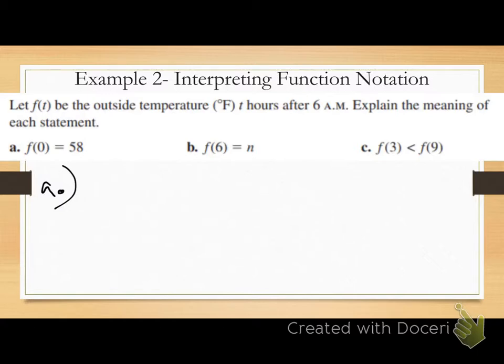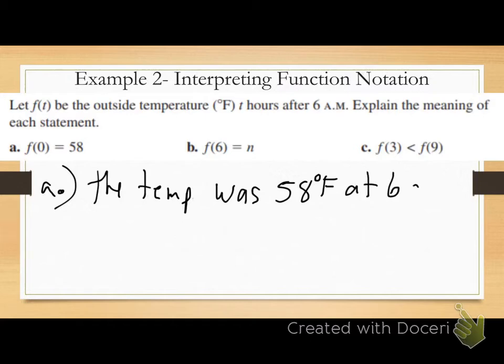So what do you think 0 means in this case? 0 hours after 6 a.m. So what time are they talking about? 6 a.m., right? 0 hours after 6 a.m. is 6 a.m. So what is this statement saying on letter A? At 6 a.m. it was 58 degrees. Very good. The temperature was 58 degrees Fahrenheit at 6 a.m.